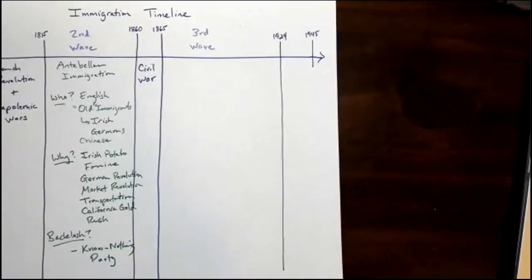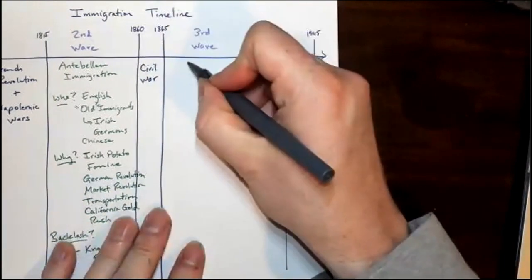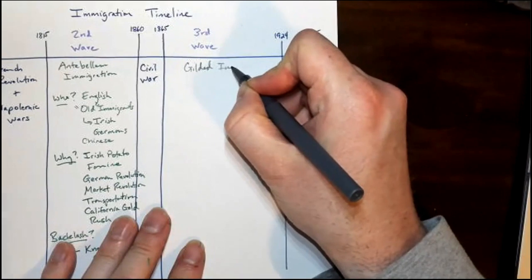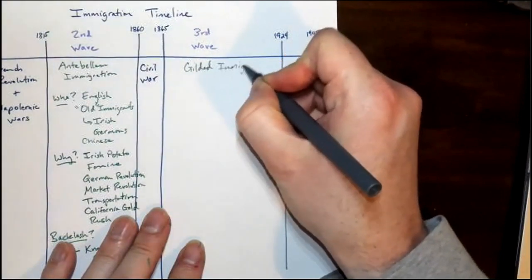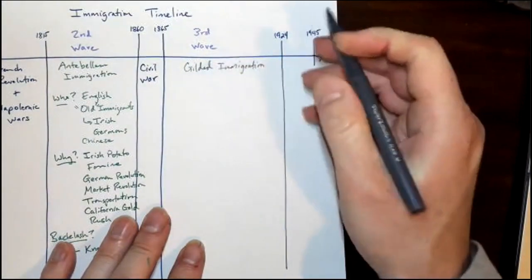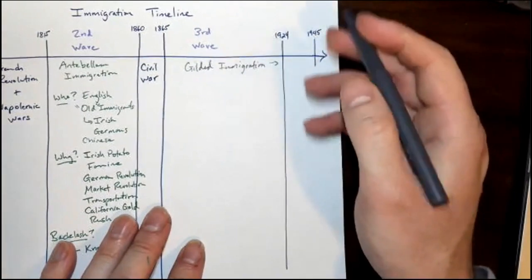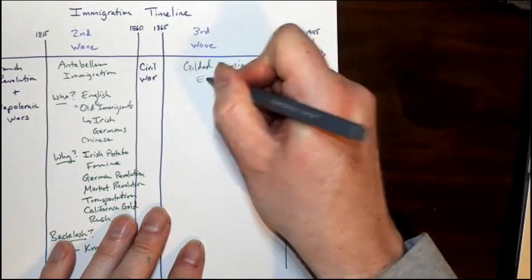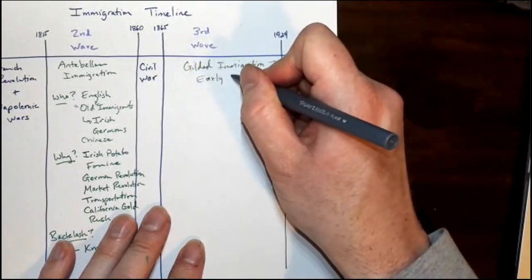That third wave is what's referred to as Gilded Age Immigration, which obviously will continue into the early 20th century.